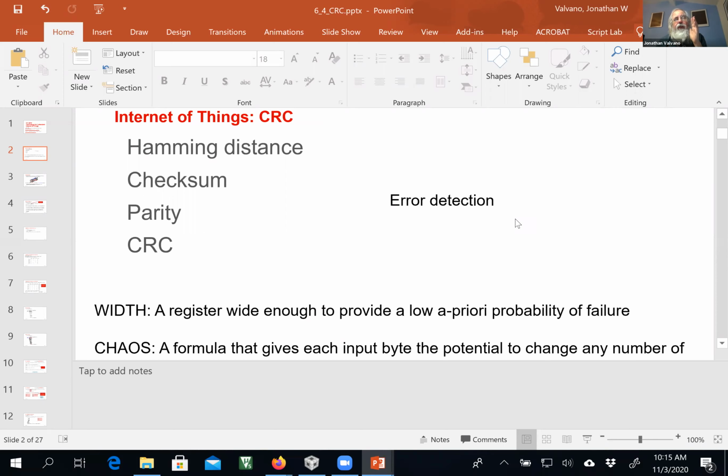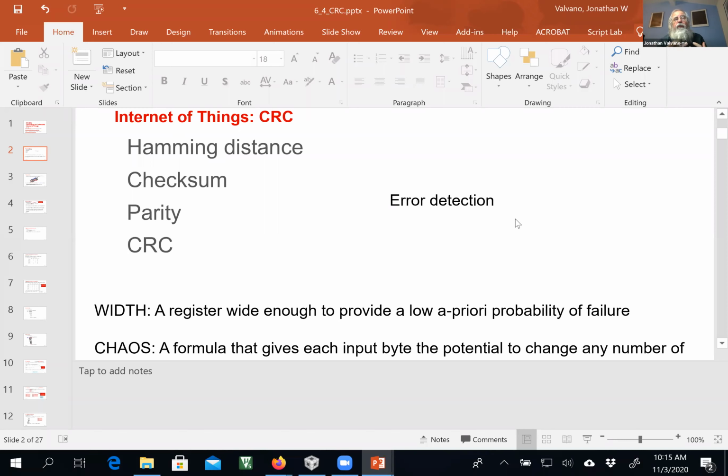But if you were to reflect on this chapter, what are the fundamental takeaways? We're trying to do what? Error detection.